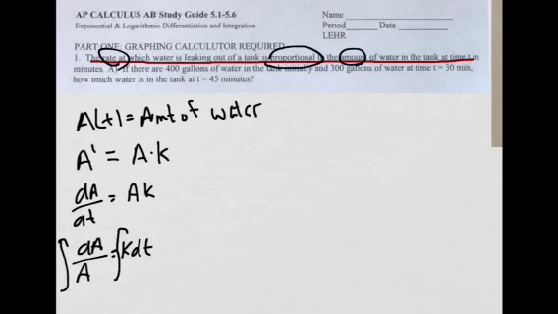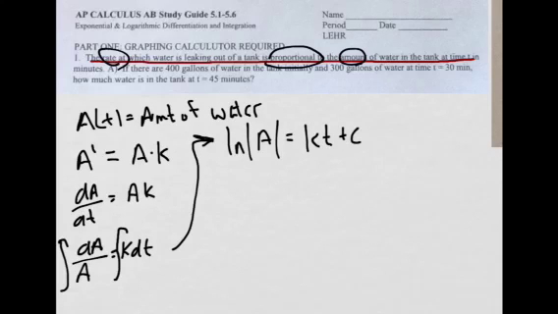What that gives me is ln absolute value of A, because that's 1 over A, is equal to K times t plus c.